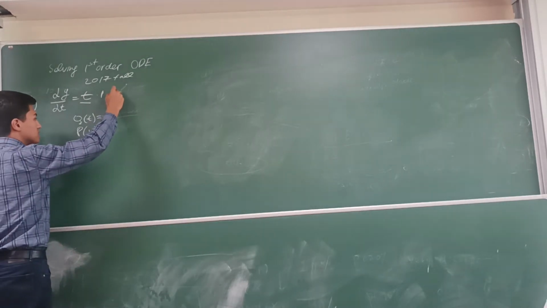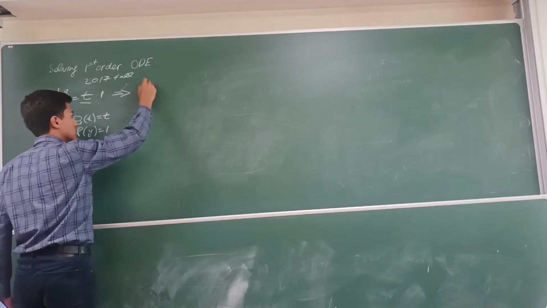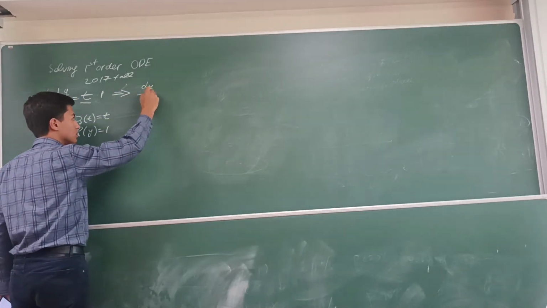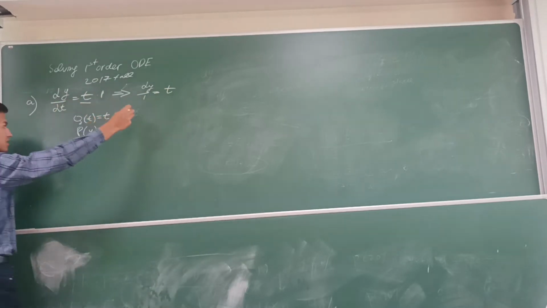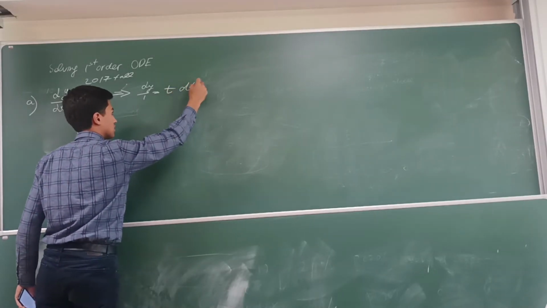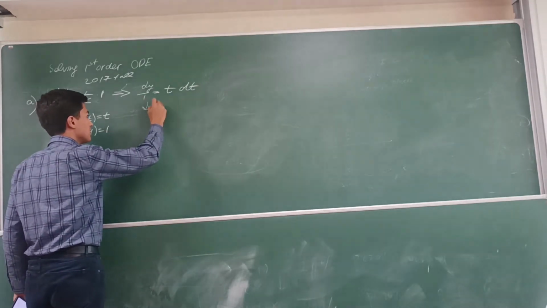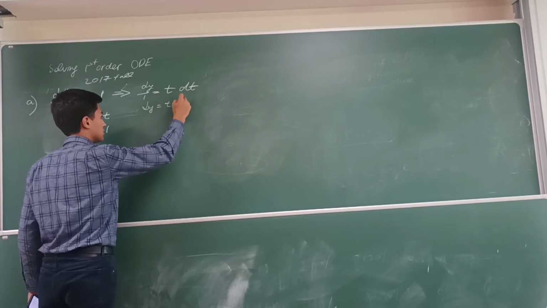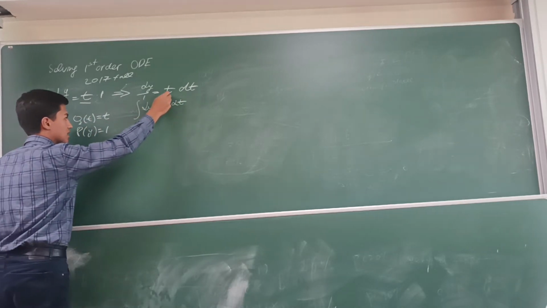So the point is that you move this one to this side: dy over 1, and t is here. You move this dt to the right side. So now you have dy = t dt, and you can take integrals from both sides.